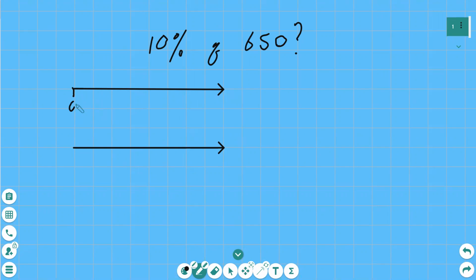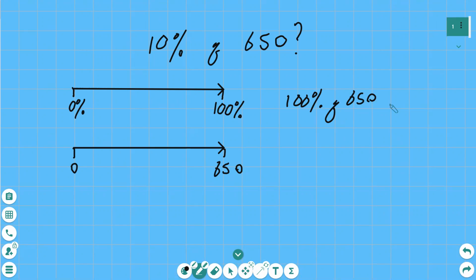So there, 0% is there, and then 100% is there. Lovely. 0 is there, not percent for the number. Now 100%, the whole number, as we said before, is 650. Okay, 100% of 650 is 650.